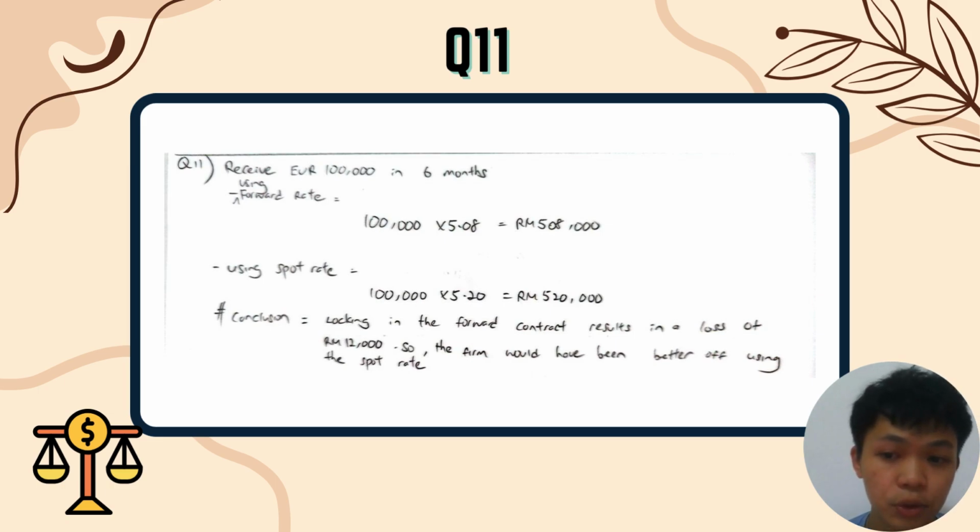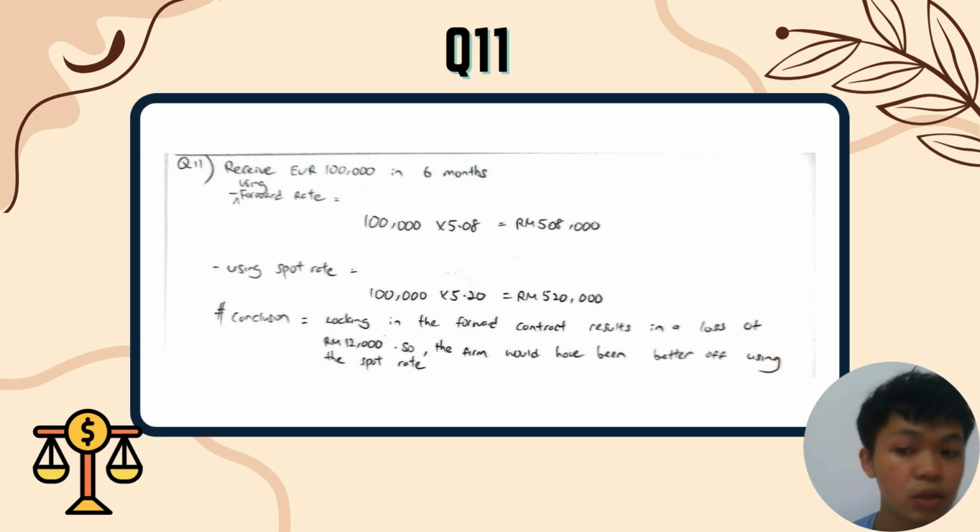So move on to question 11. A Malaysian exporter expects to receive EUR 100,000 in 6 months and is deciding whether to use a forward contract or wait for the future spot rate. The forward rate is RM 5.08 per EUR and the expected spot rate after 6 months is RM 5.2 per EUR.